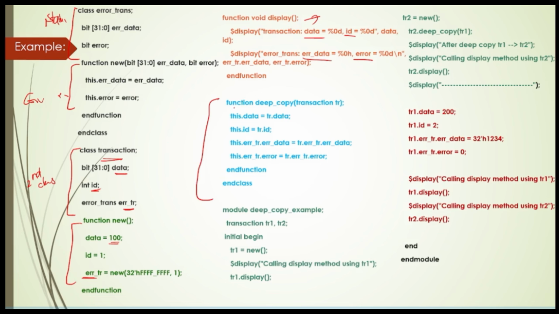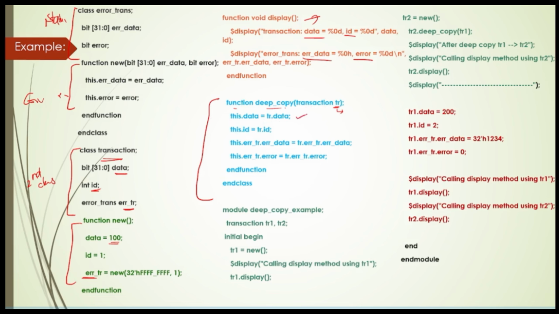So function deep copy with tr as an argument. I am just naming it deep copy. You can name it anything, but since you will be using it for copying, you will basically name it deep copy itself.